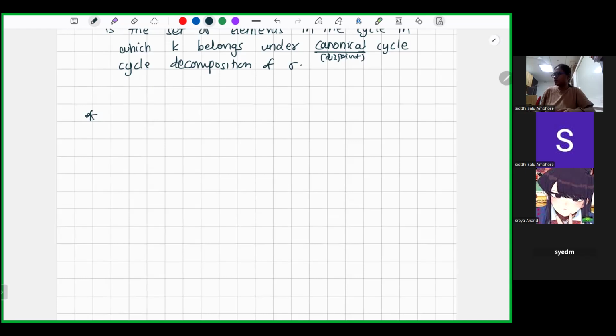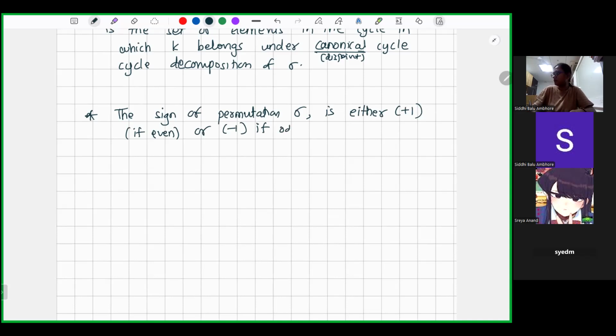So the sign of permutation or signature of permutation sigma is either +1 if even, or -1 if odd.